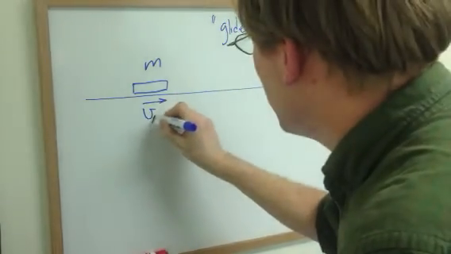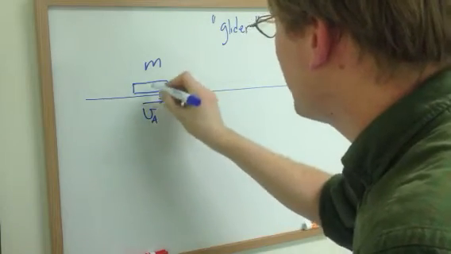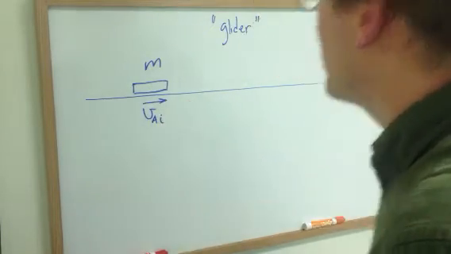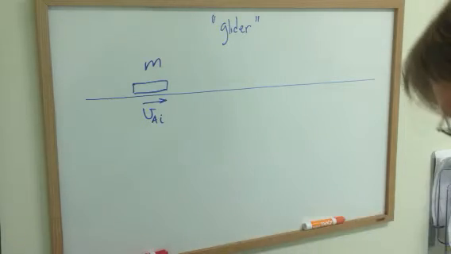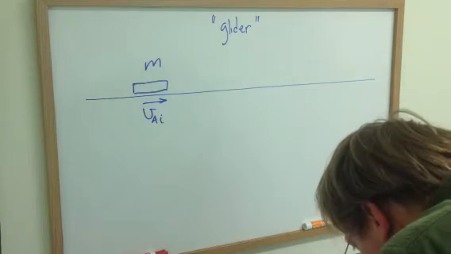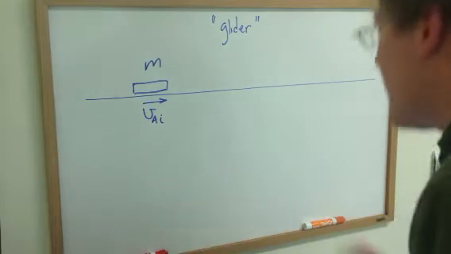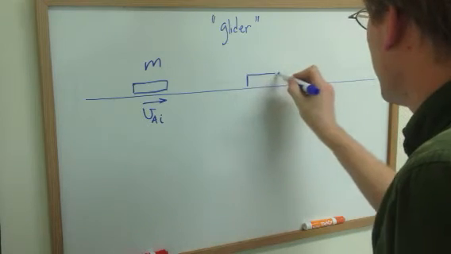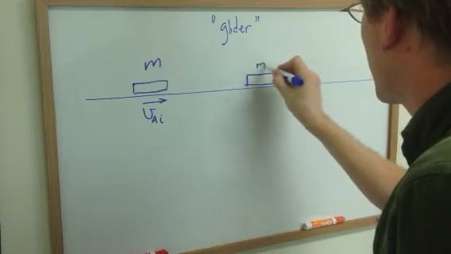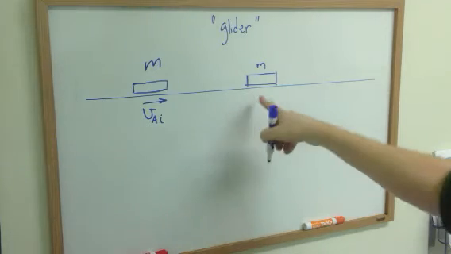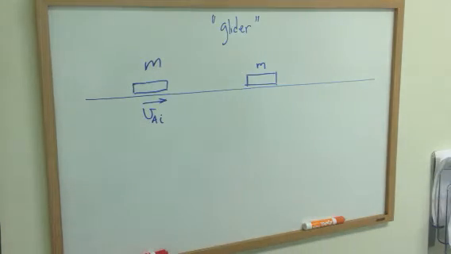So I'm going to call this object A, and note that it has an initial velocity. And there's a stationary glider here, and it's stationary, so it doesn't have any initial velocity.